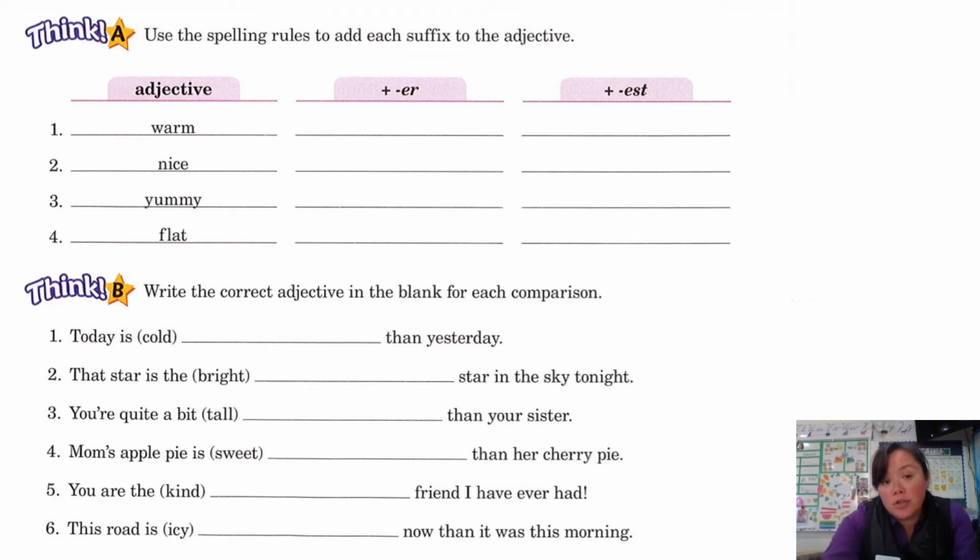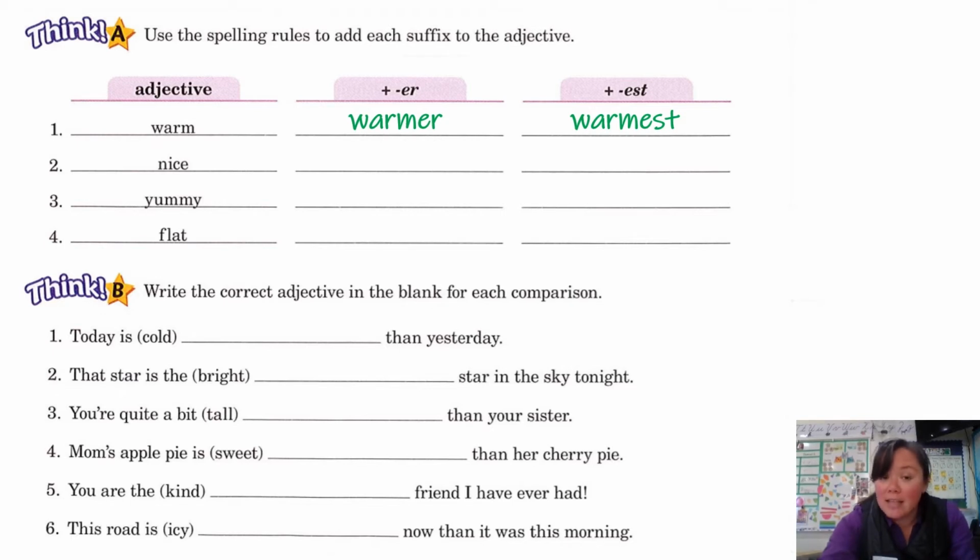You start with warm, and all you have to do is write warmer and warmest. And then for the next three, you're going to be using some of your spelling rules in order to add ER and EST when you're adding a suffix in general. For nice, you're going to be taking off the E and adding the ER. And then look at number 3.